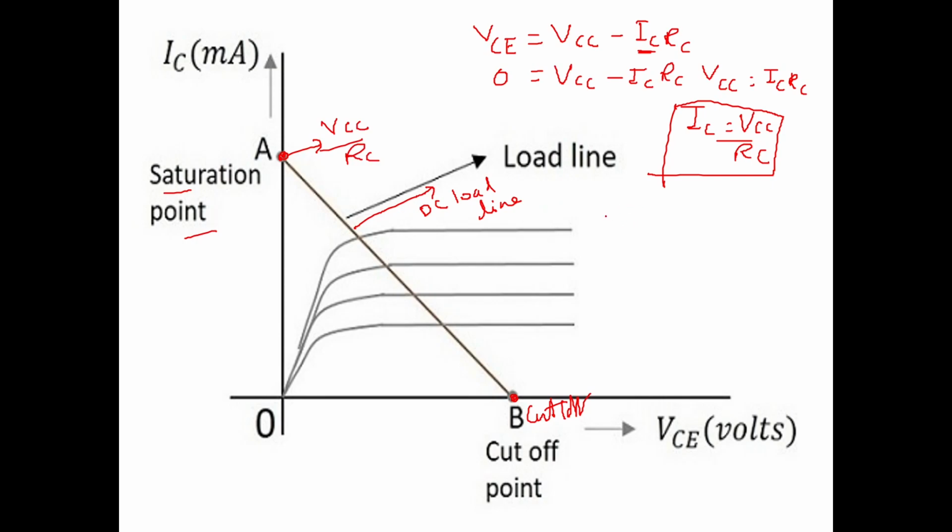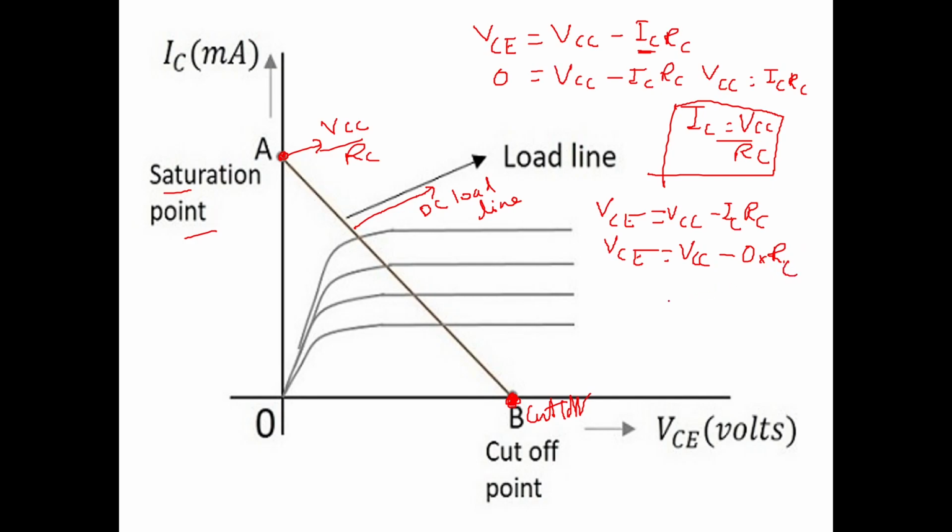Then you take the same equation again: VCE is equal to VCC minus ICRC. Now I want the maximum point of VCE, and in that case IC is equal to 0. So VCE is equal to VCC minus 0 into RC.